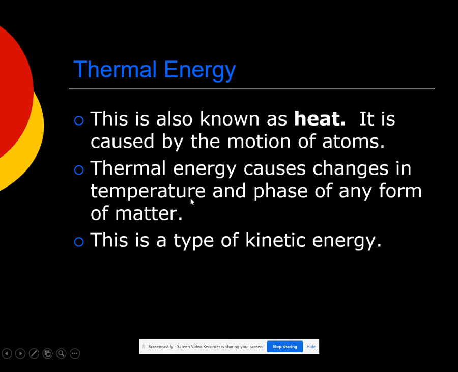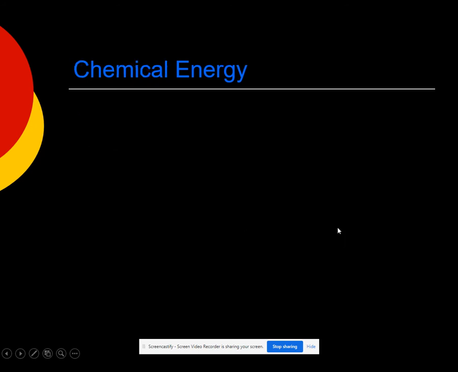Then once it's all melted and it's all liquid, that liquid water is heated up and increases in temperature until you get to the next phase change, which is at about 100 degrees Celsius, and that is evaporation or boiling. And while the water is turning into a gas in evaporation or boiling, temperature stays the same because all that thermal energy, even though it's being added the whole time, is being used to do the phase change. But either way, it's a type of kinetic energy.